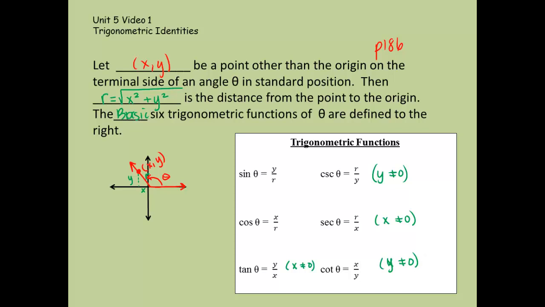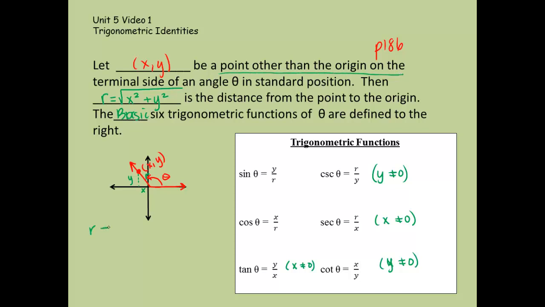Notice I commented on the denominator of all of these four functions, but I did not mention the denominator of sine and cosine. In those two functions, the denominator is r. We're not going to worry that r will ever be 0, because r represents the distance from the origin. If r was 0, the point would be at the origin, and in our very first sentence we said the point had to be other than the origin.